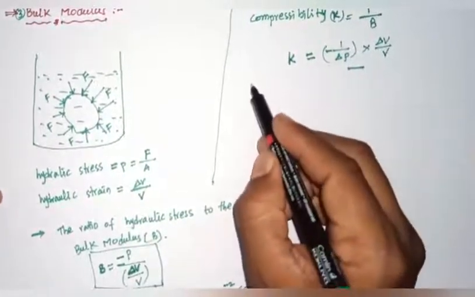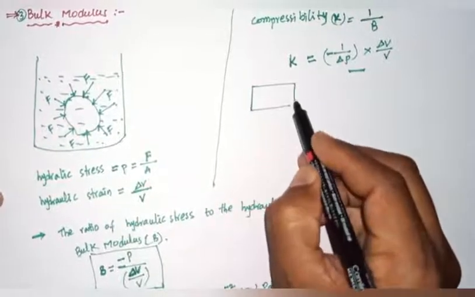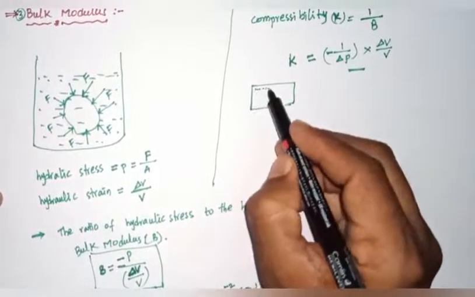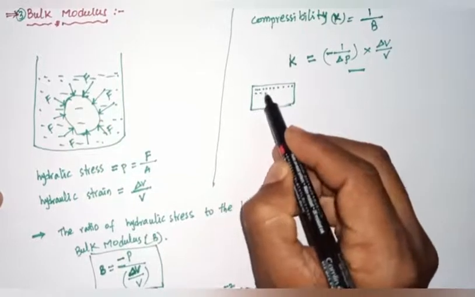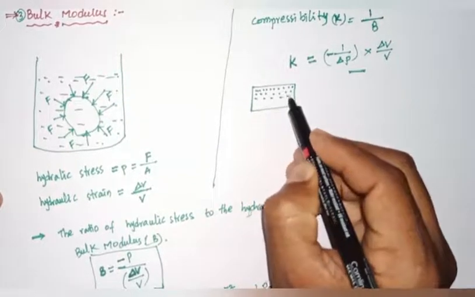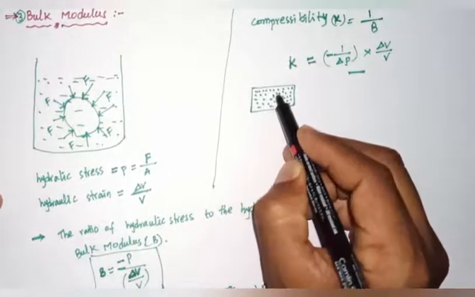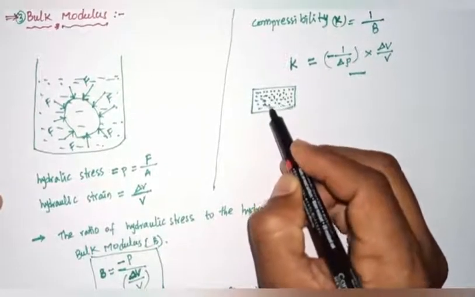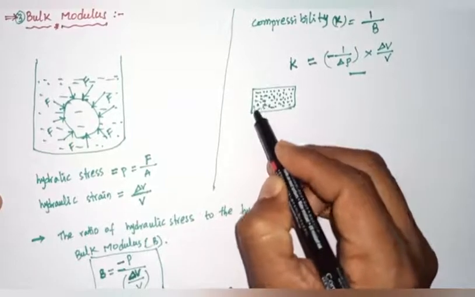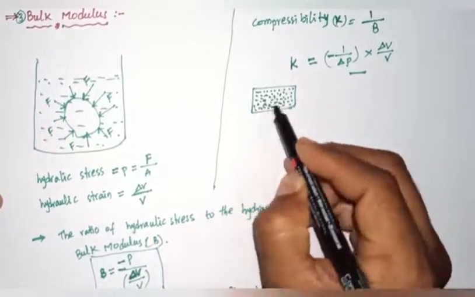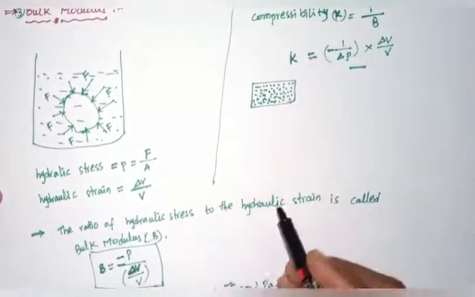For example, this is a solid. Because the atoms are closer to one another, it has less compressibility.